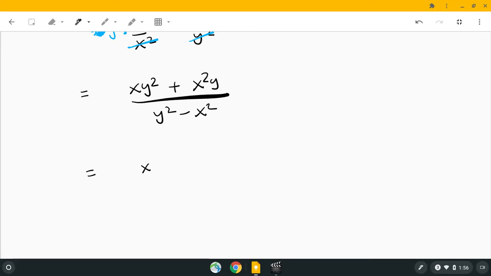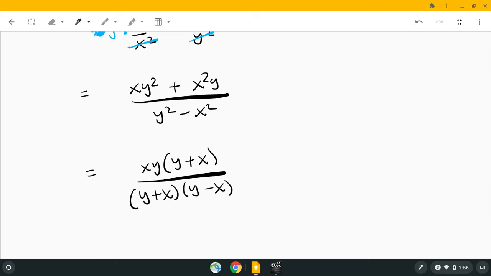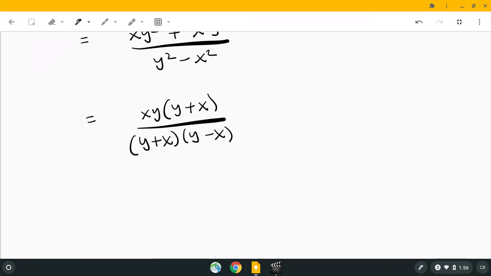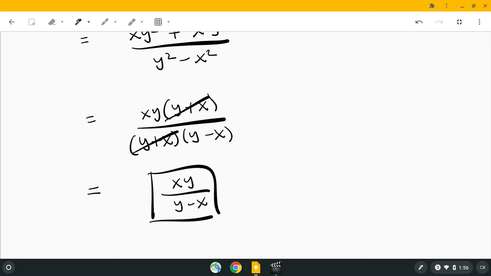They both have x and they both have y, and that will be y plus x. Down below, that's going to be y plus x, y minus x, and fantastic. They cancel out. So the answer does simplify. So very good. And it simplifies to this. Okay, so always check to see if your answers simplify.